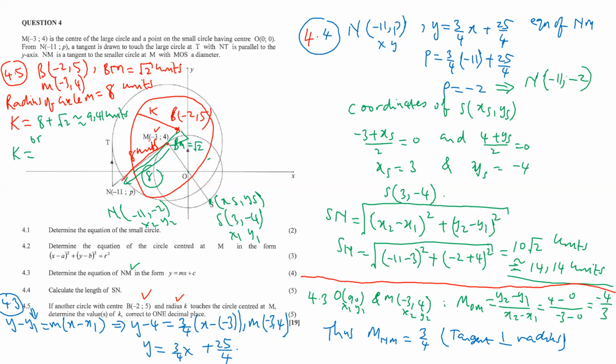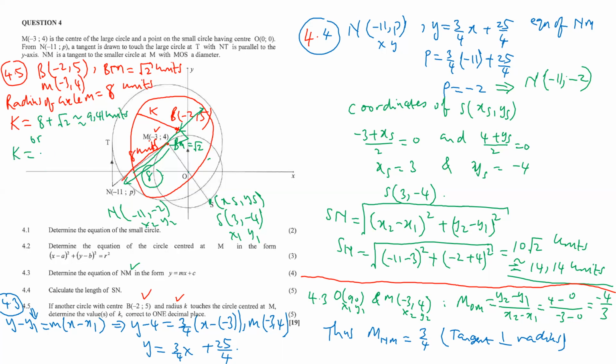So in other words, you can look at K now as also the distance from the center point B to here; it is the radius.